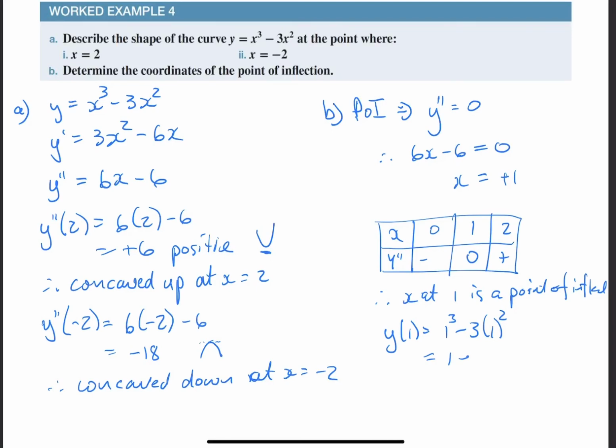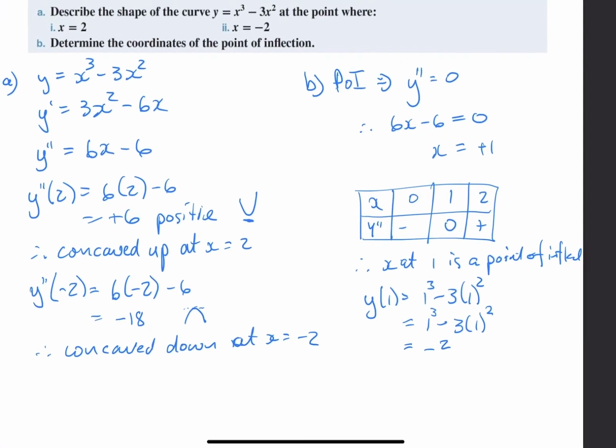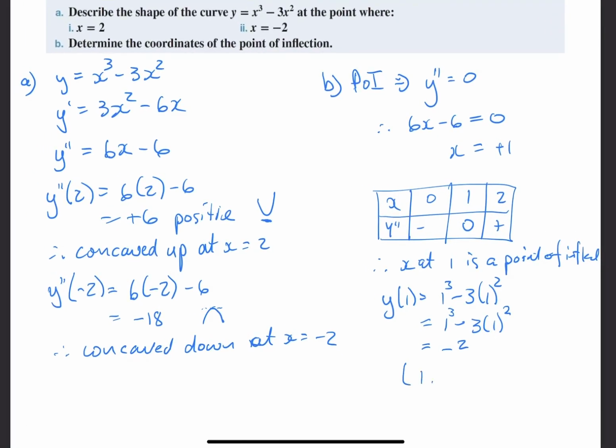This is 1 cubed, 1 take away 3 is negative 2. So my point of inflection is at 1, negative 2, because they ask us for the coordinates of the point of inflection.